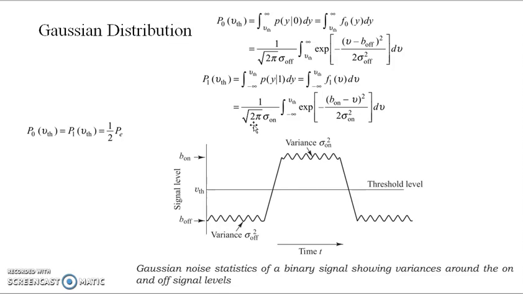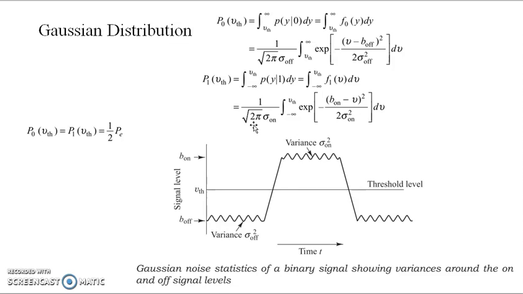Now why does this happen? In an optical system there is noise present. What is the noise because of? Signal distortions, that is dispersion, optical amplifier noise distortion, or some nonlinear effects in an amplifier.